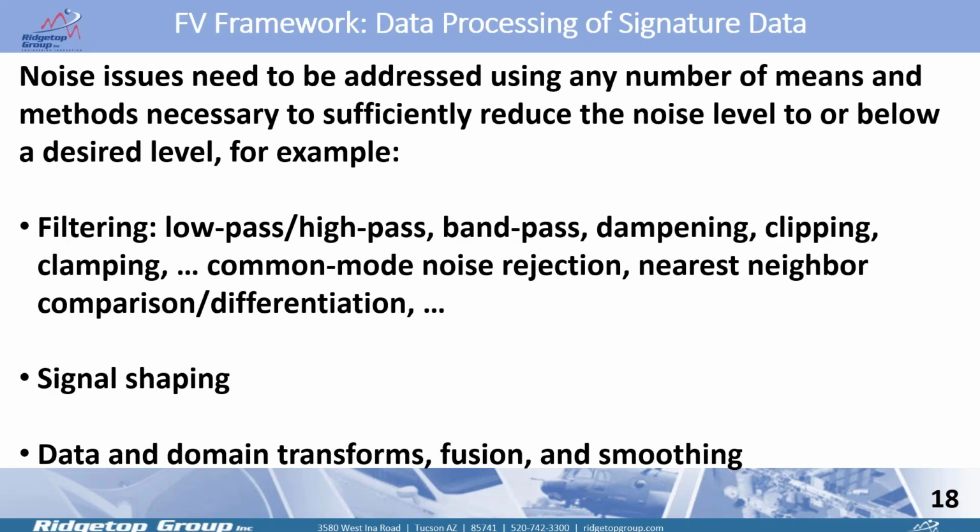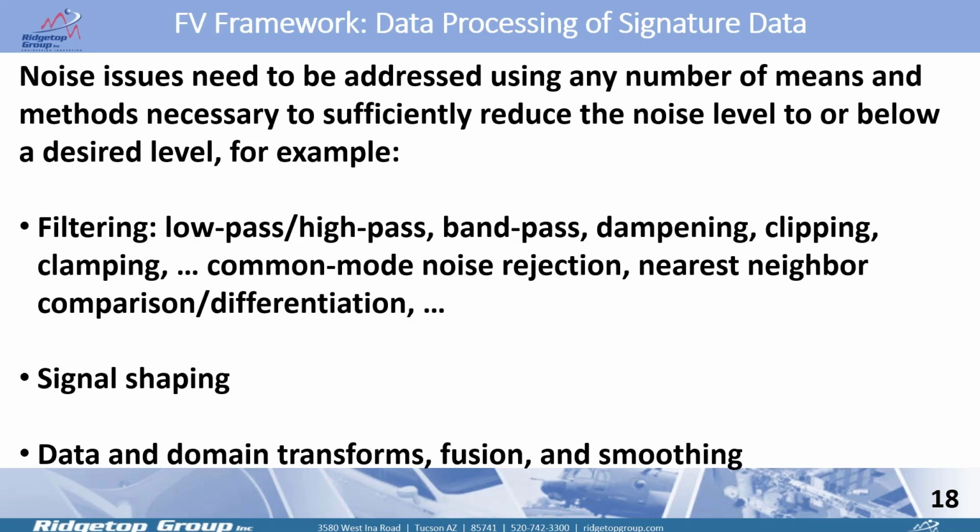Next. Okay, there are many ways to do that. You can filter it: low pass, high pass, band pass. You can dampen the noise. You can clip it. There are thousands upon thousands of ways to filter or mitigate noise. You, as the prognostic engineer, the designer, it's up to you to figure out how to do that. You can also employ signal shaping techniques.